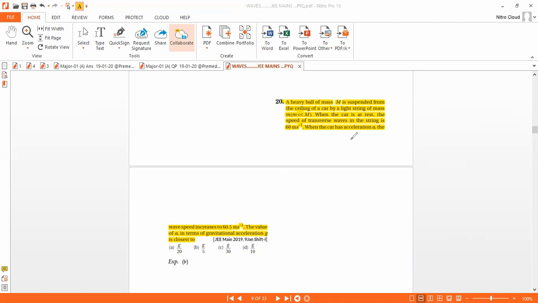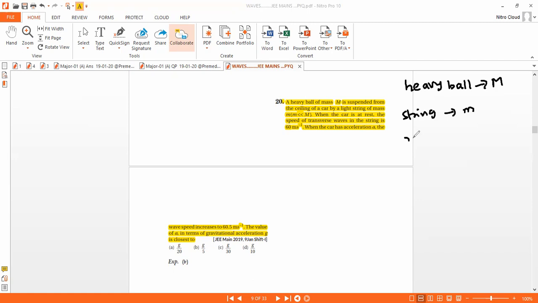The heavy ball has a mass capital M and is hung from the ceiling of the car by a light string. The string has a mass small m.